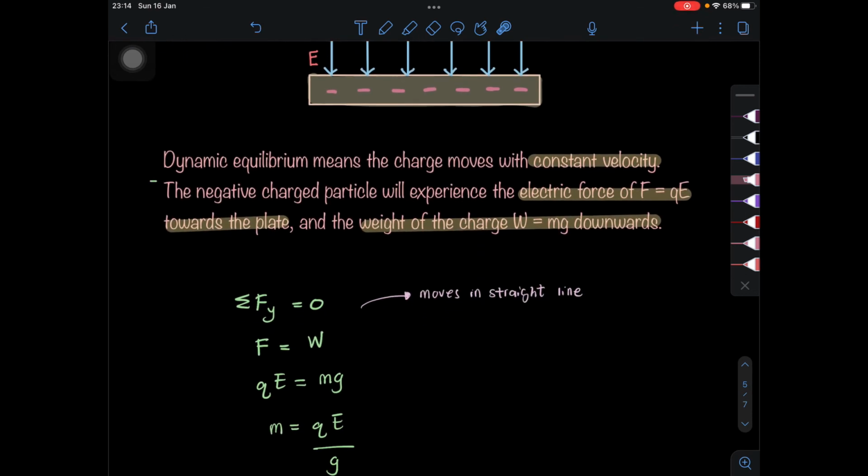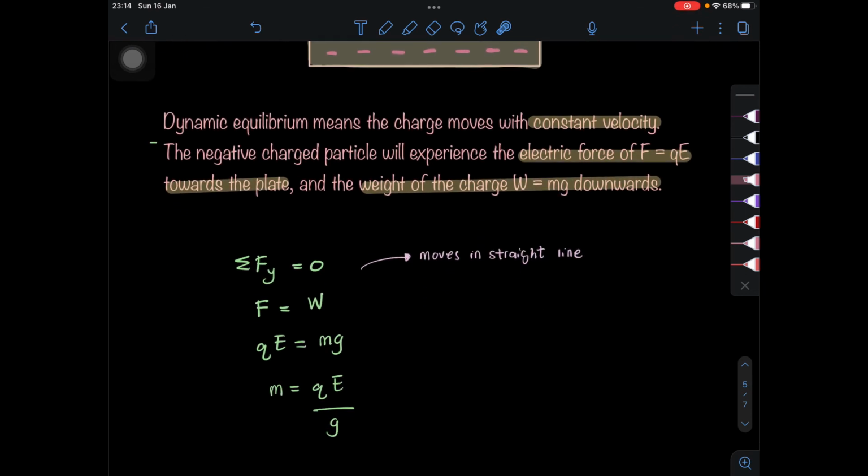So here, the net force will be equal to 0. The sum of forces for the y component will be equal to 0. Since the force is going upwards, positive, and weight is going downwards, negative, the force will be equal to the weight.